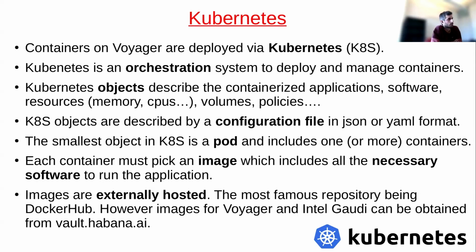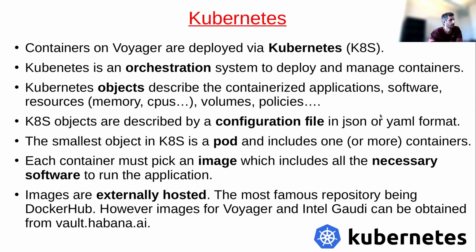Those objects describe the containerized applications, software, the resources like memory, CPUs, number of accelerators, all this. And to describe these Kubernetes objects, you can use a configuration file. Usually it's a YAML file.